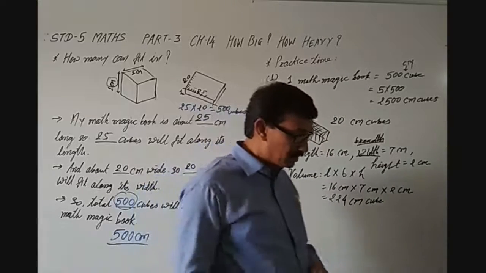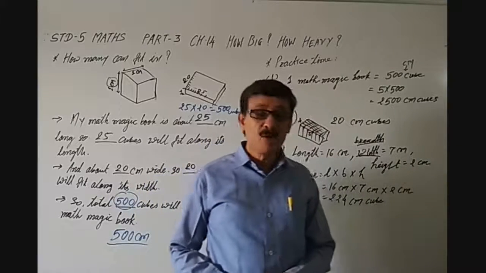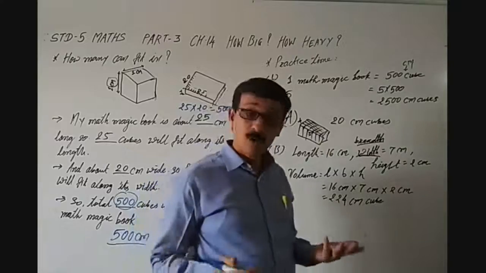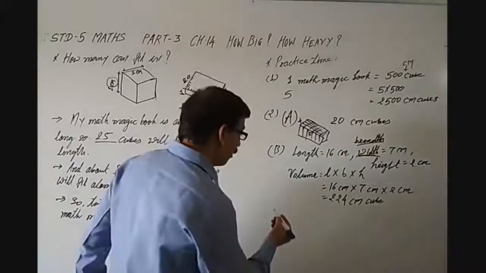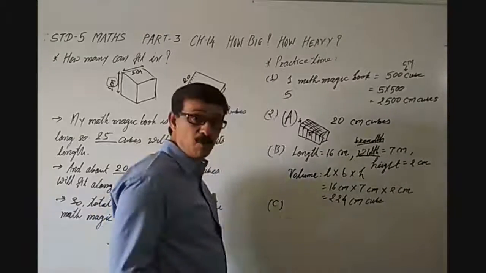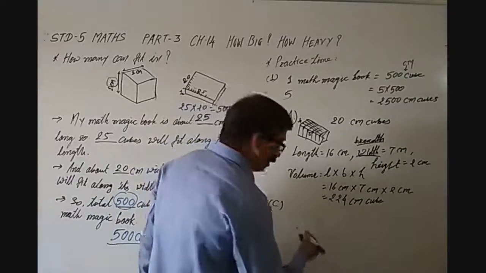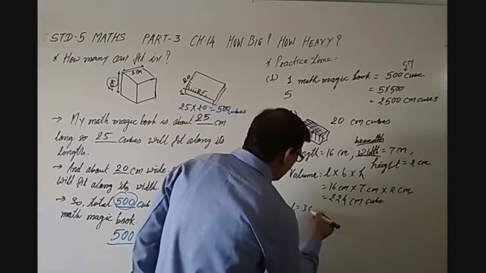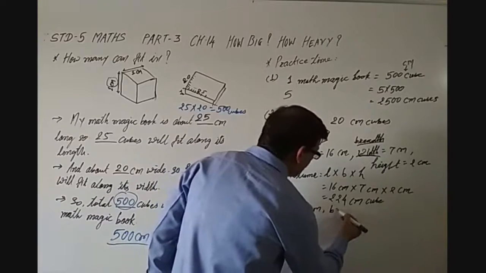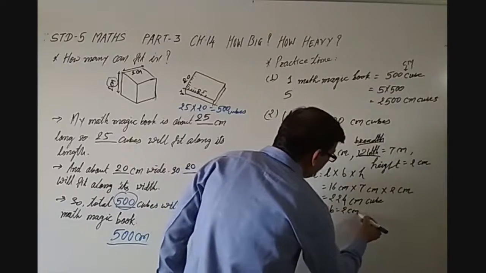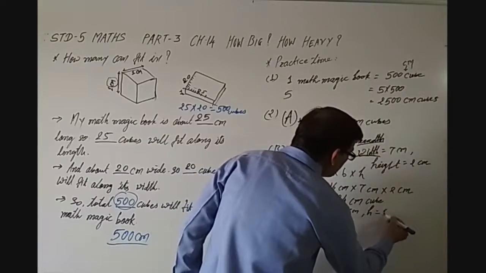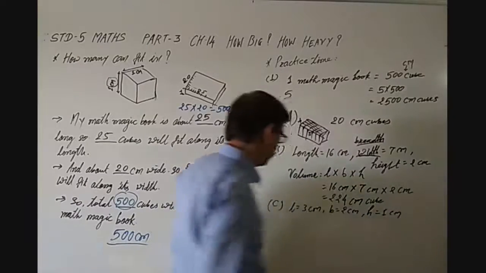The next one, an eraser. First of all, let's think about the eraser. Suppose an eraser has length equal to 3 centimeter, breadth equal to 2 centimeter, and height 1 centimeter.